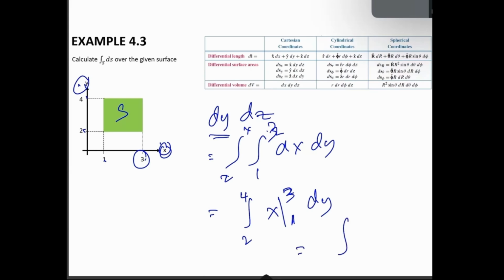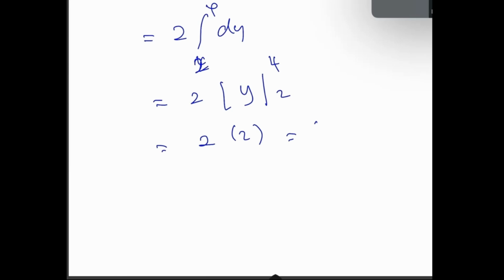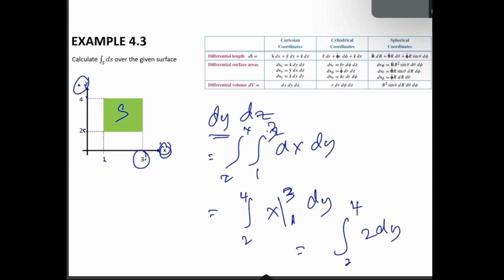Then the integral of 2 dy from 2 to 4 gives y from 2 to 4, 4 minus 2 equal to 2. 2 times 2 equal to 4. The area for this is equal to 4.